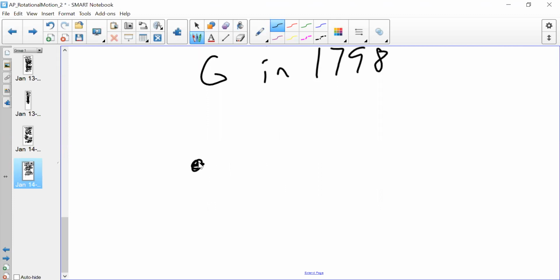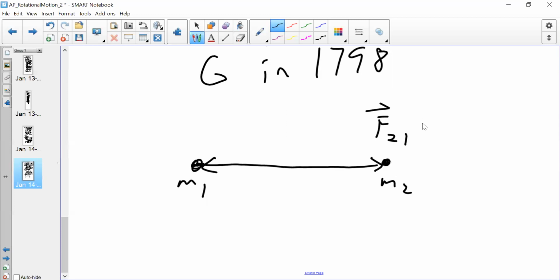so let's say we have mass 1, mass 2, and separated by a distance r going to the centers. So this would be denoted as the force of mass 2 on mass 1. This is what this means.